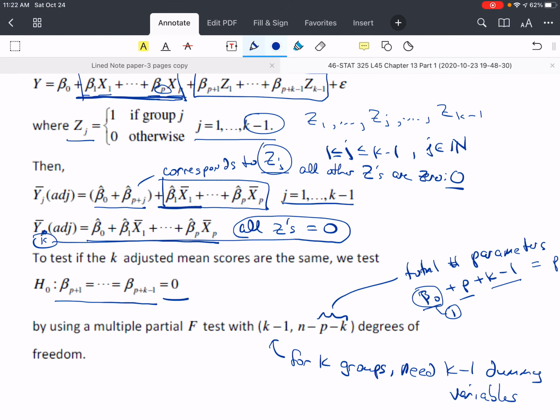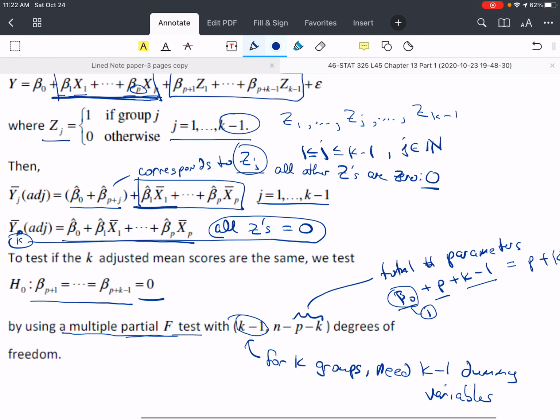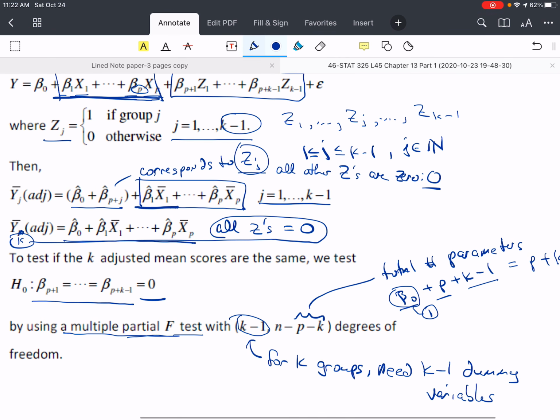And we use a multiple partial F-test. For the k groups, we need k minus 1 dummy variables. And then we'll have n minus p minus k degrees of freedom. Remember that instead of n minus p minus k minus 1, we have to add back beta naught.